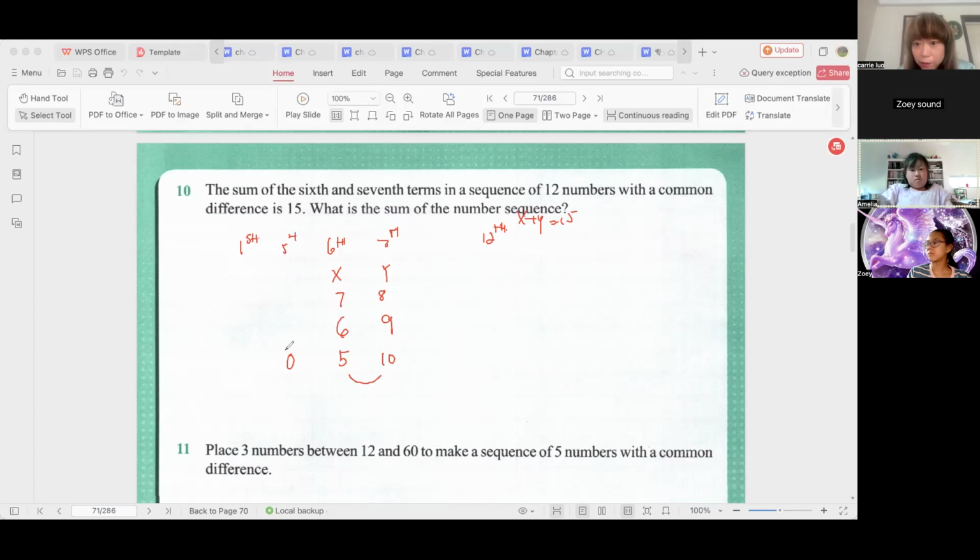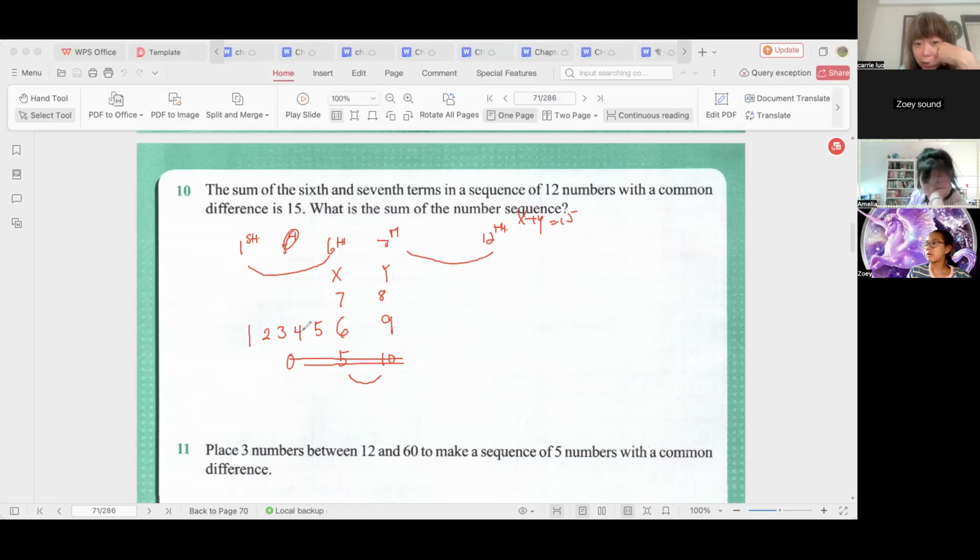So they're saying it's a common number, so it's impossible to be negative. Get it? So there's 5 numbers between that. So 6 to first. And 7 to 12, there's nothing to worry about. So we can see, if it is 6, 9, so it'll be 5, 4, 3, 2, 1. Get it?